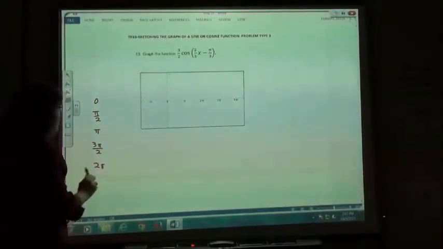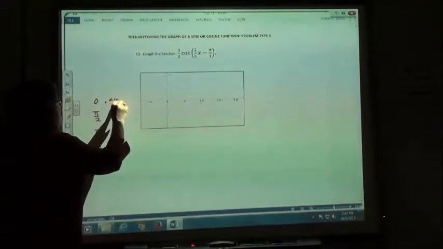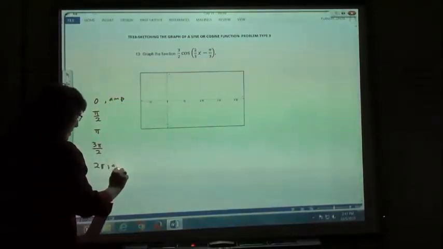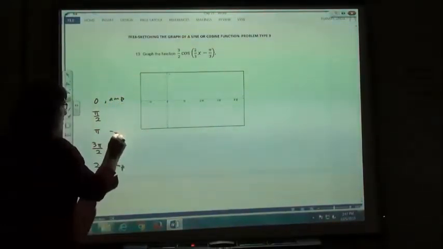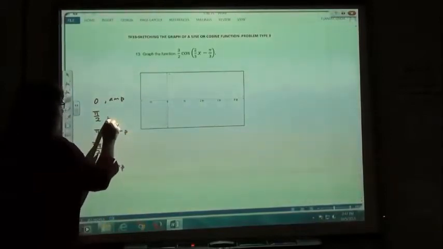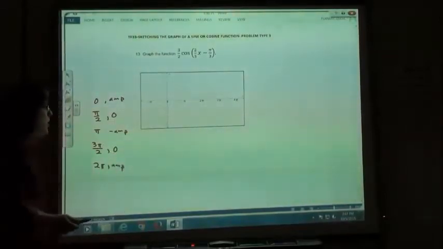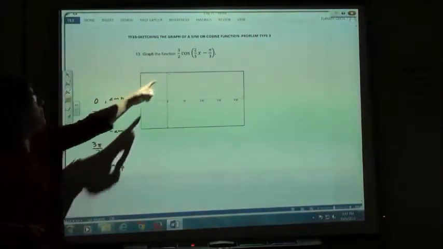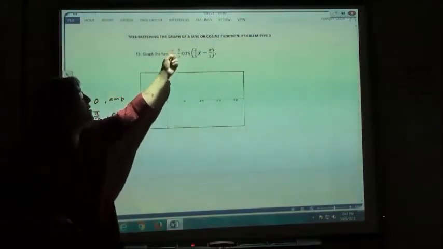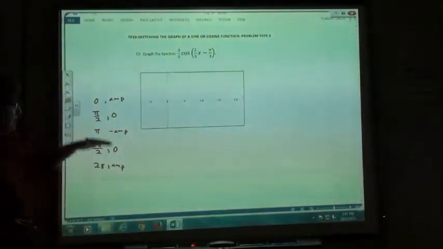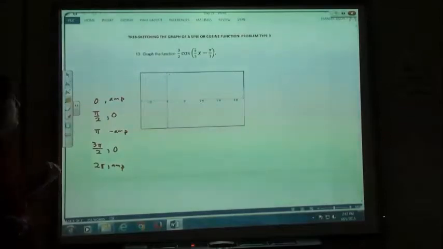Since it's my cosine function, I have my amplitude up if it's positive, and then negative in the middle, and 0 and 0. So keep in mind that if my amplitude or my number in front is negative, then the negatives go first and then the positives are in the middle.